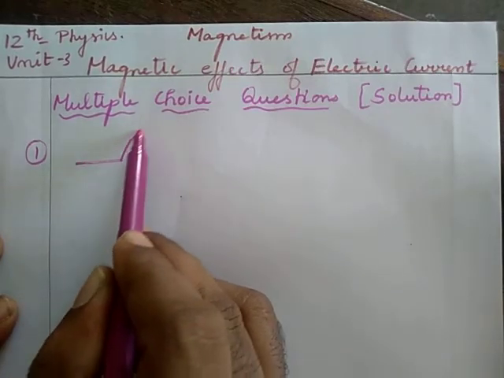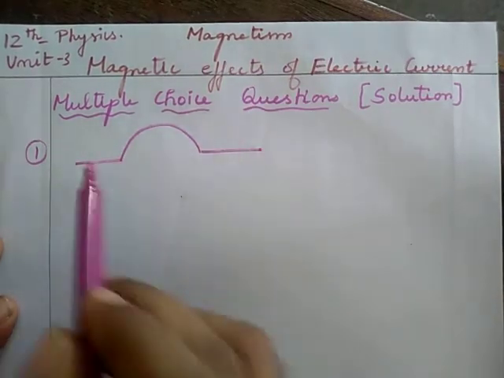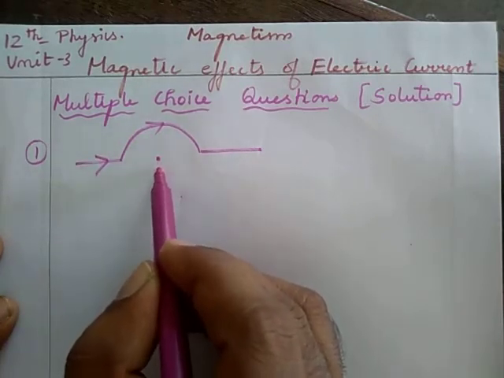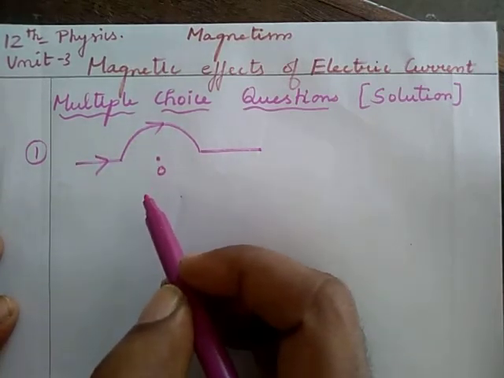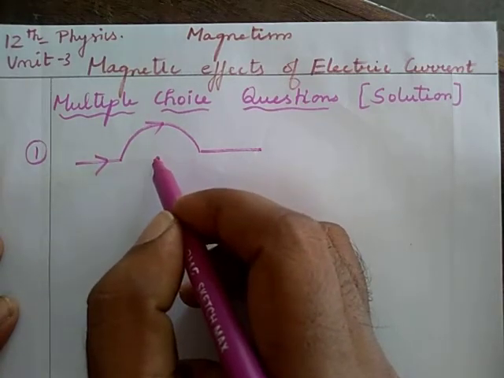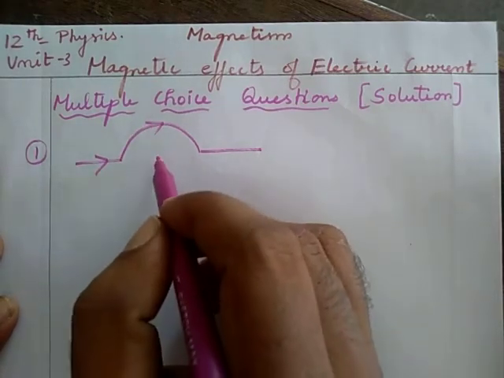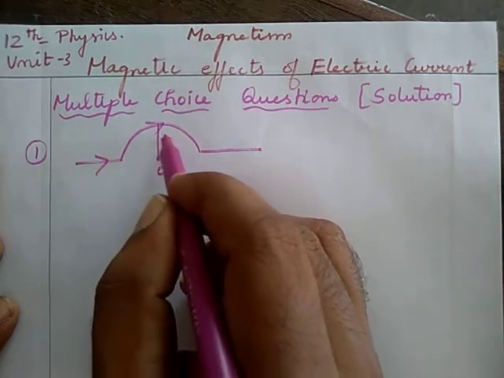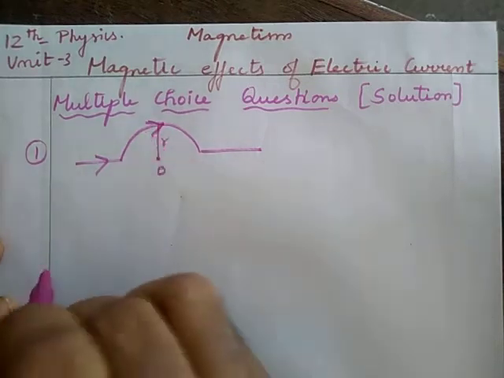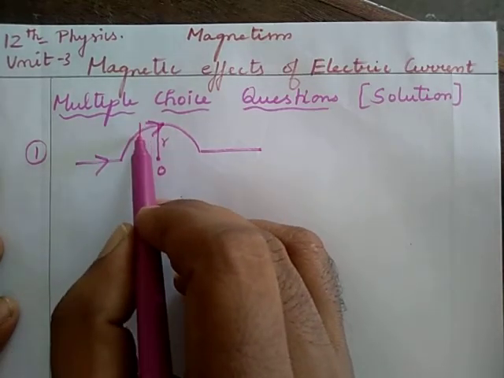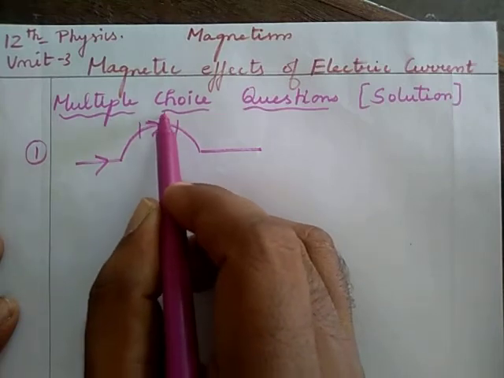It is a current loop. At the point O, we need to find the magnetic field. So I am applying Biot-Savart law at the point O. It is at a distance r from the current carrying loop. For this case, I am considering a small length element, that is dl.